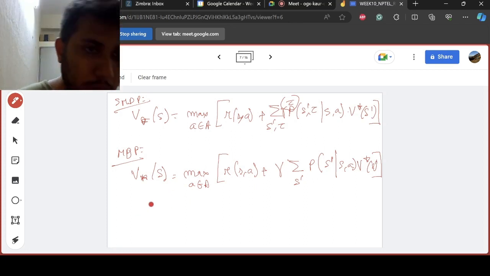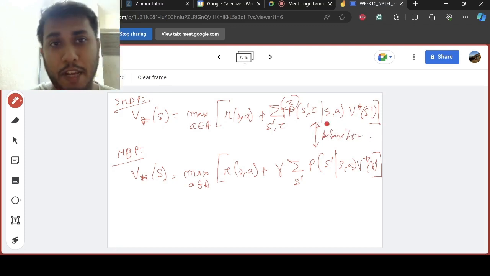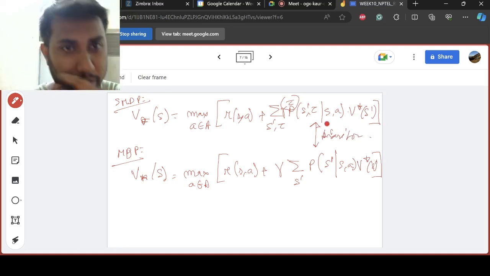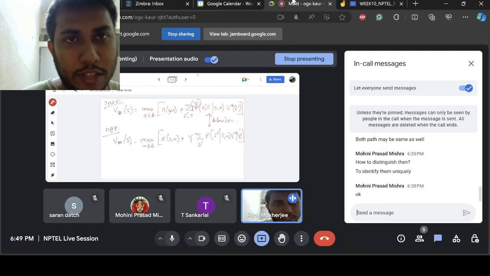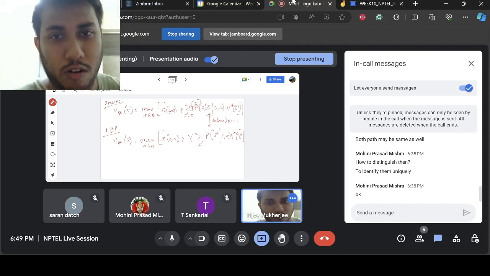Also notice your transition is now different. You are using both the variables S bar and tau, whereas previously you were using only the next state S bar, not the tau variable.